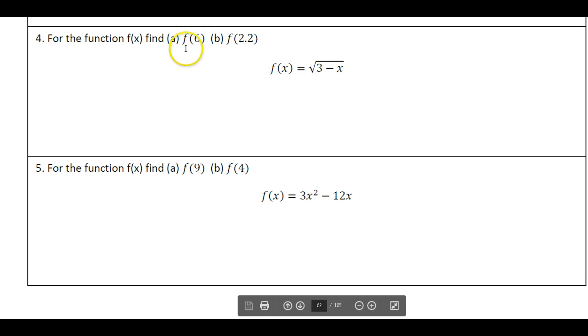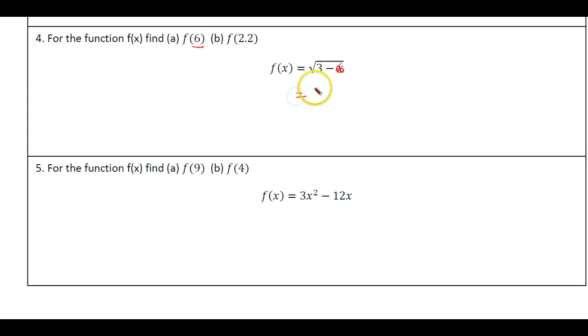Now, for these, we're just going to substitute into our radical expression the value they give us for x, which will be 6 here. And this would then become the square root of a -3, which is not a real number.